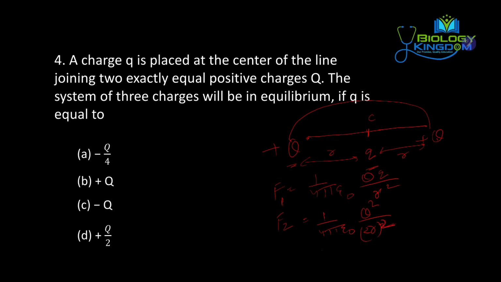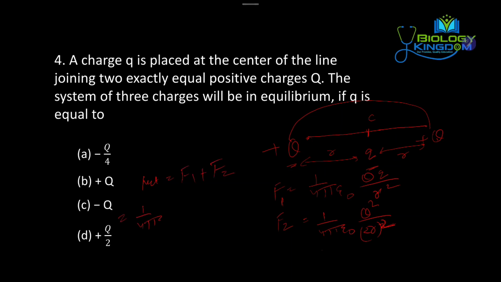Now the net force will be equal to 0. How can we find it? We'll just add these two forces and equate to 0. So the net force is F1 plus F2.